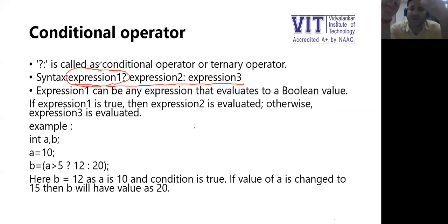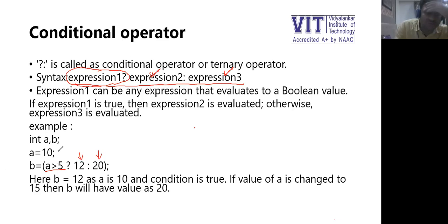If the value yielded is true, then it returns expression two. If the value yielded is false, then it returns expression three. So if A is greater than 5, it will return expression 2, which is 12, else it will return expression 3, that is 20.